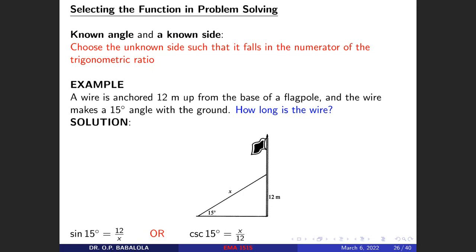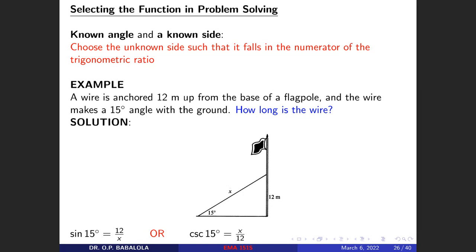You know, we have been using trigonometric ratios like SOH CAH TOA, okay? And then if you have a side, you'll see it in this example, that is unknown.